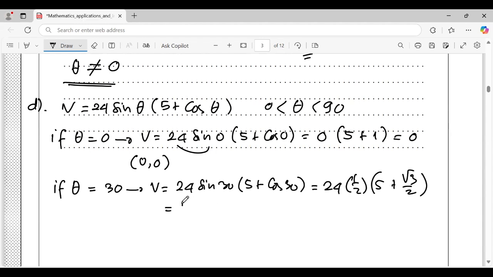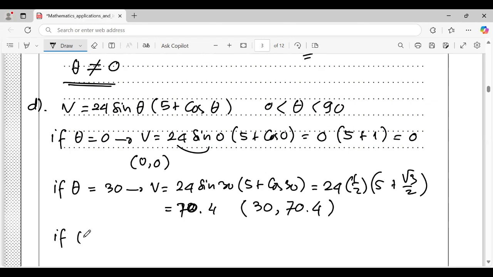If you calculate, the result is 70.4. So the coordinate point is 30, 70.4. Already two coordinate points.